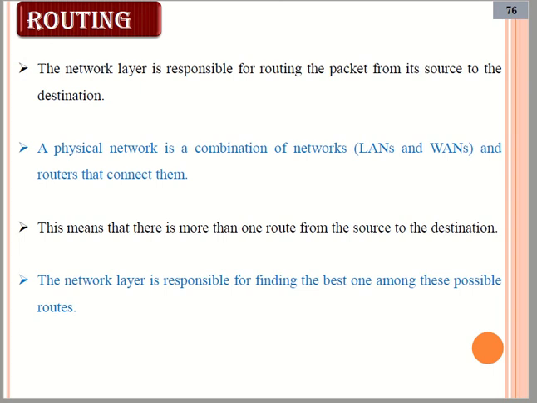As we see in normal traffic, if the traffic is more, people will take a shortcut or any other way wherein the traffic is less. In the same way, the network layer has to see if there are multiple paths to the destination, and it has to see the congestion in that particular path, and based on that it has to route the packet.